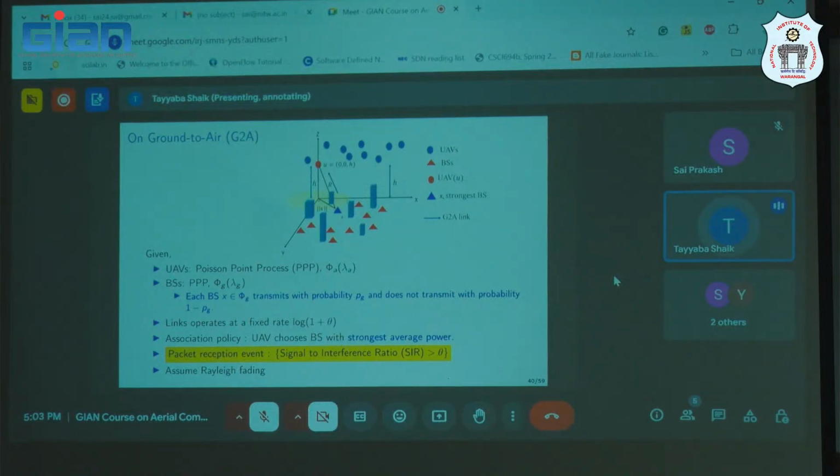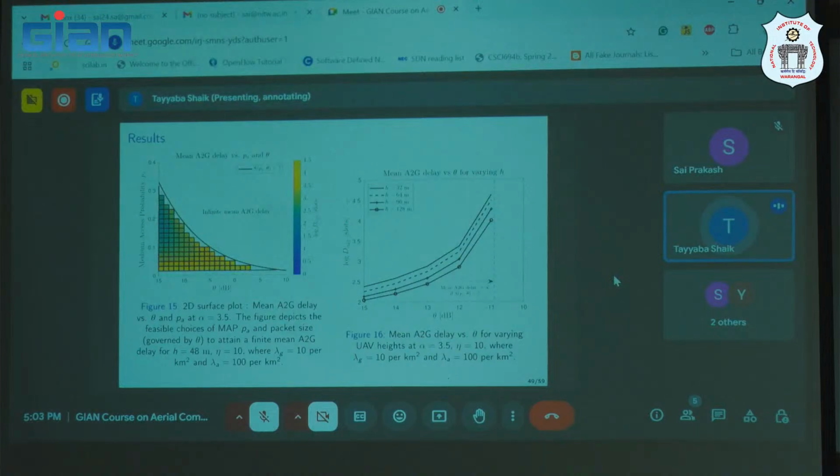That is one reason why as you decrease H, the nearest interferer is closer to X, causing increased mean delay. Whereas in the G2A case, that is not the case. As you increase H, you will see a decrease in the mean delay. So you see these contradicting results.